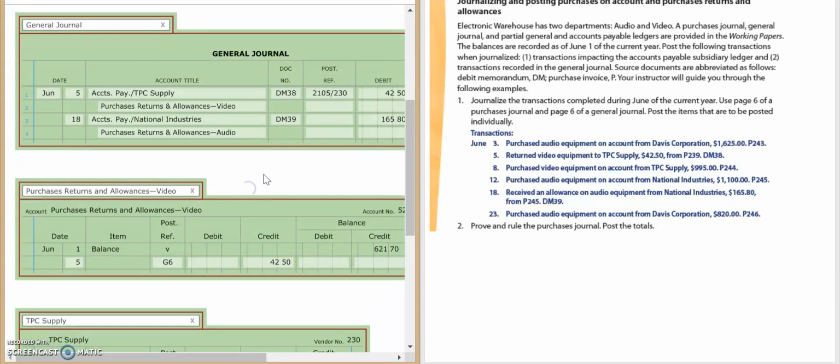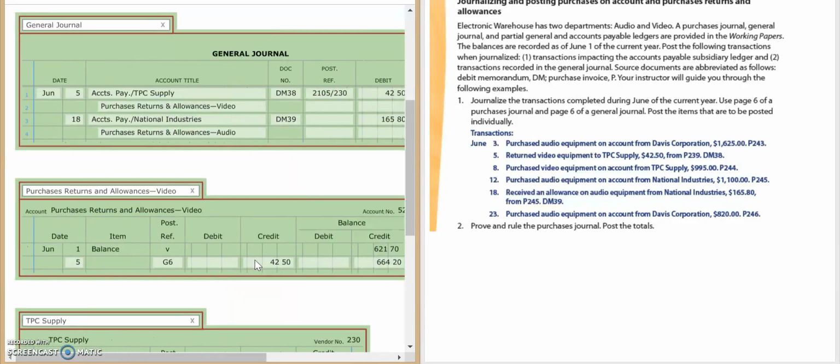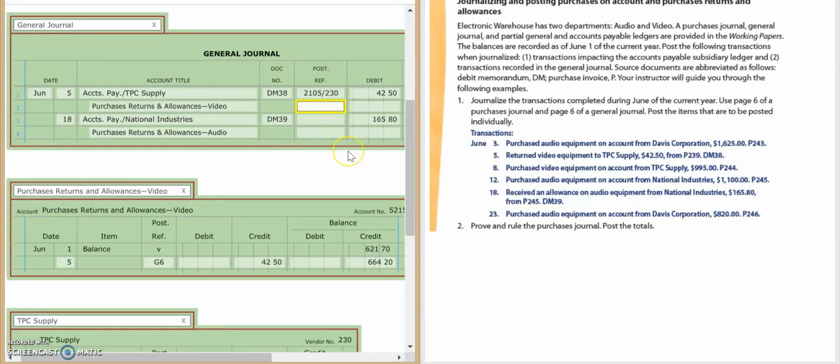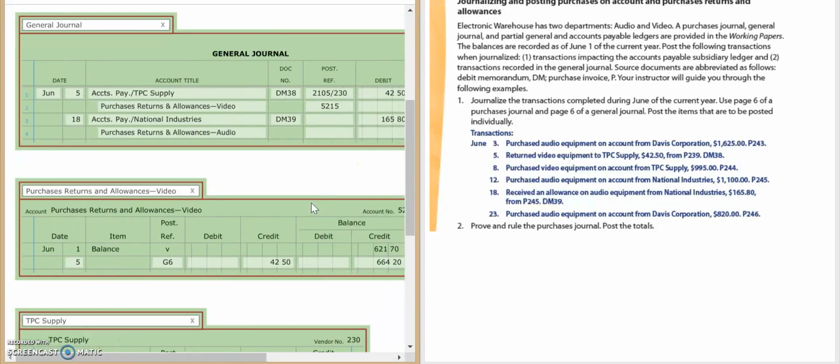I know you can't quite see that, but here it is, $42.50. Because it has a credit balance, we're actually adding. So we take $621.70 plus $42.50, and we end up with $664.20. Then we come back over here and we put 5,000. Look here, 5215 is our post reference number.